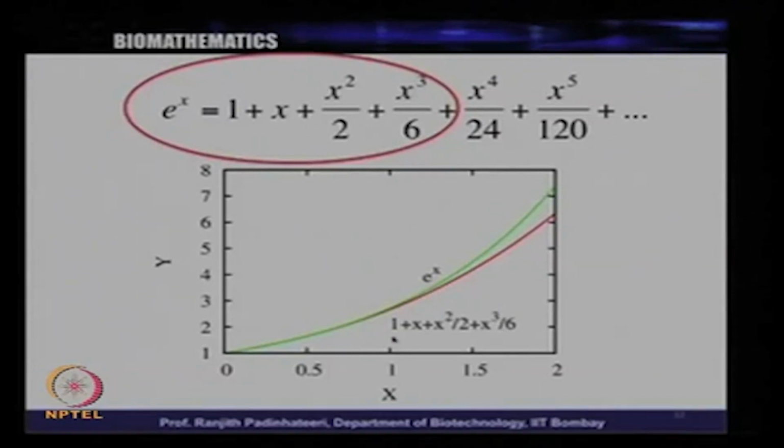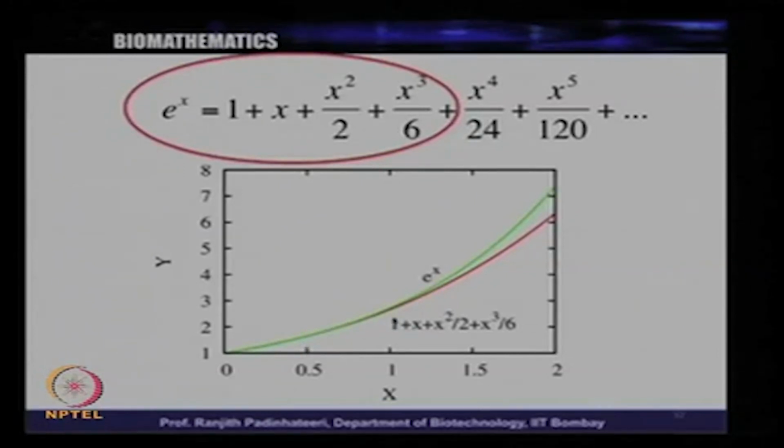As you can see here, below 1 pretty much almost all the places they match. The function e power x and this 1 plus x square by 2 plus x cube by 6 match with each other close to 0, and above 0.5 also they match.